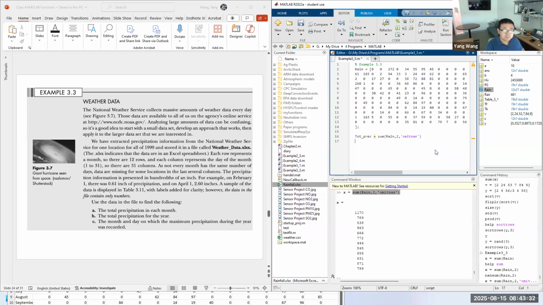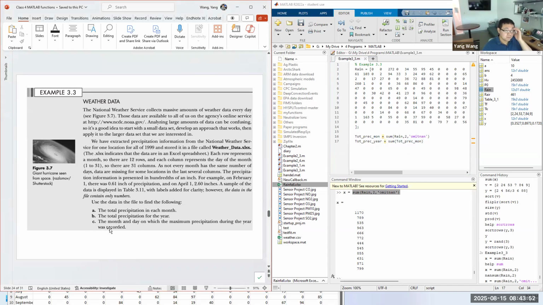So the total precipitation for the year is just going to be the sum of the summation for each month, right? And then the third one: the month and day on which maximum precipitation during the year was recorded.